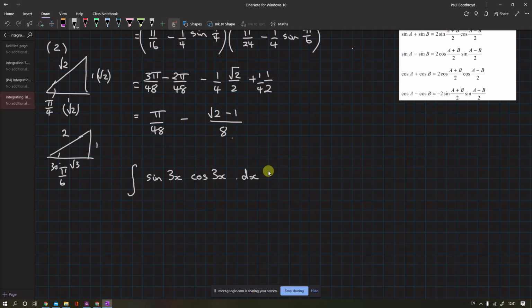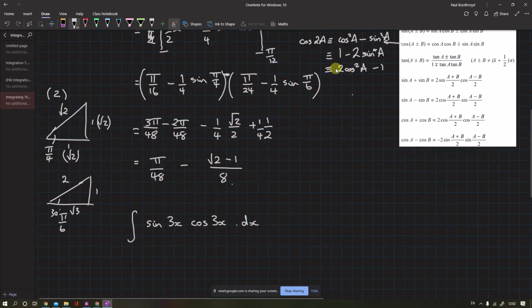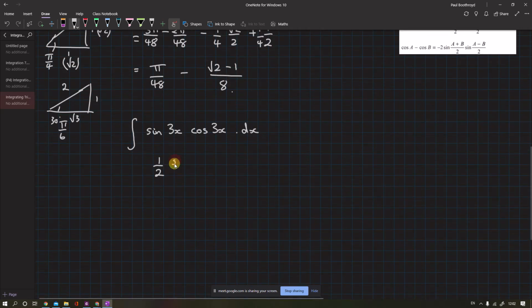We'll start off with using the trig identity, sine a cos a, and that gives us a half of sine. So this is going to be 1/2 of sine of 2 lots of the 3x.